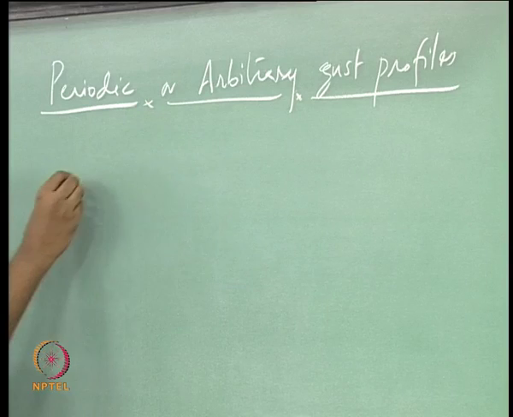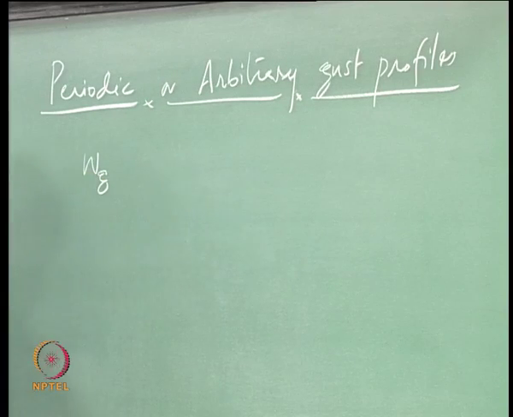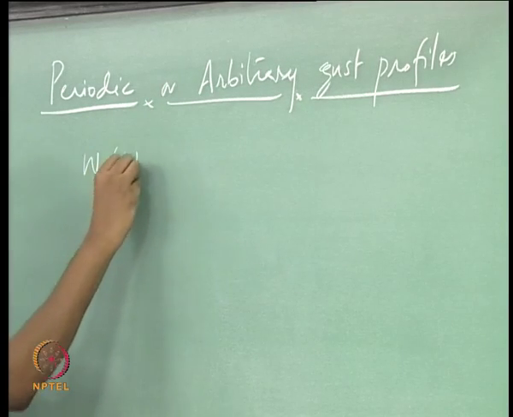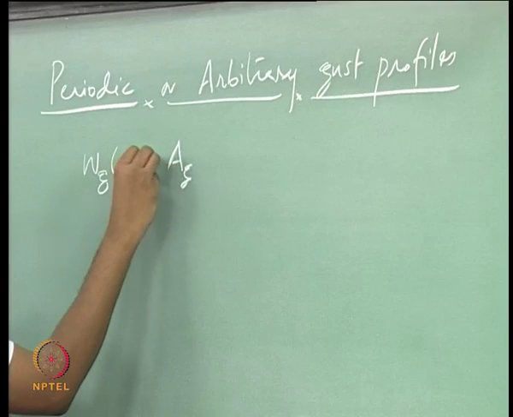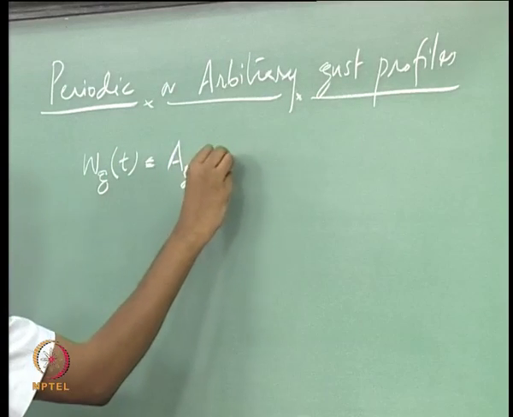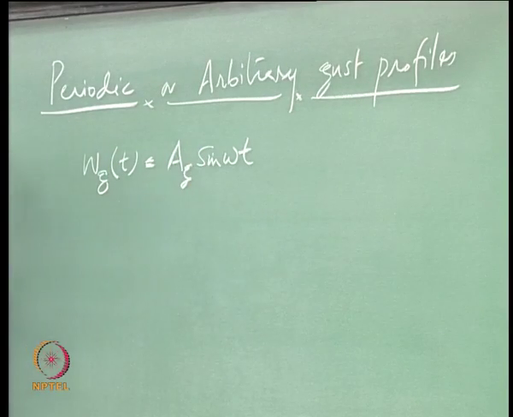So, you can take Wg to have a form which is this Ag into sin omega t.